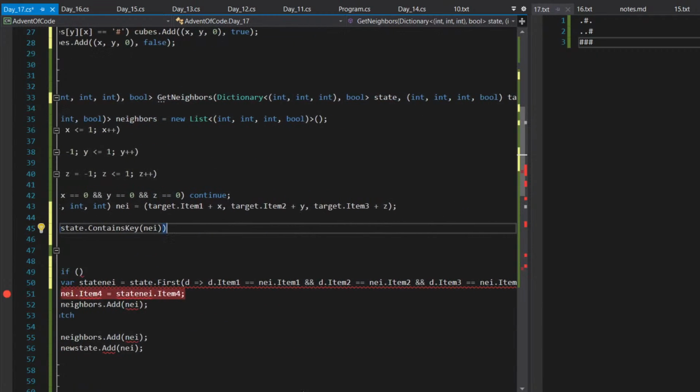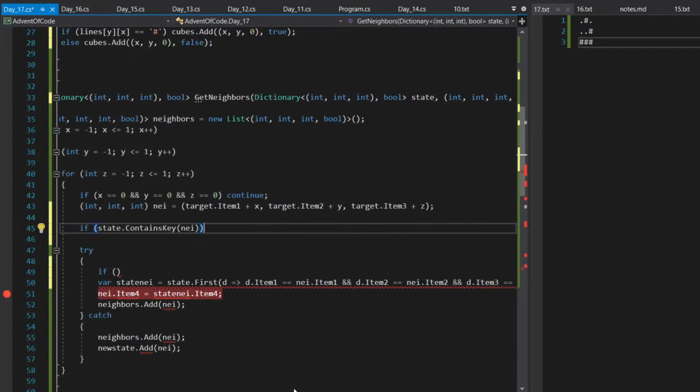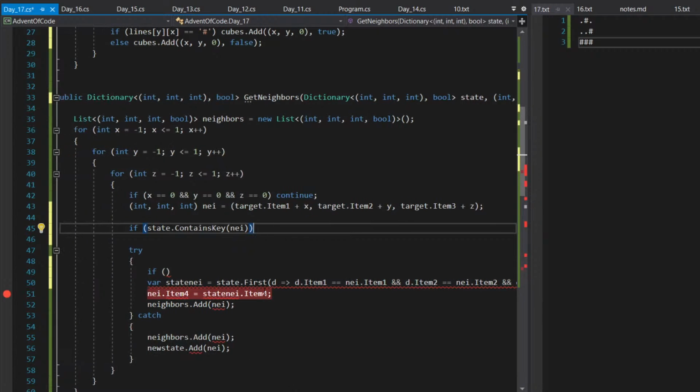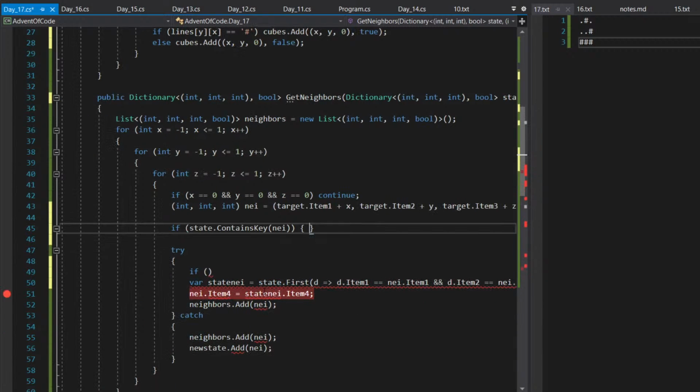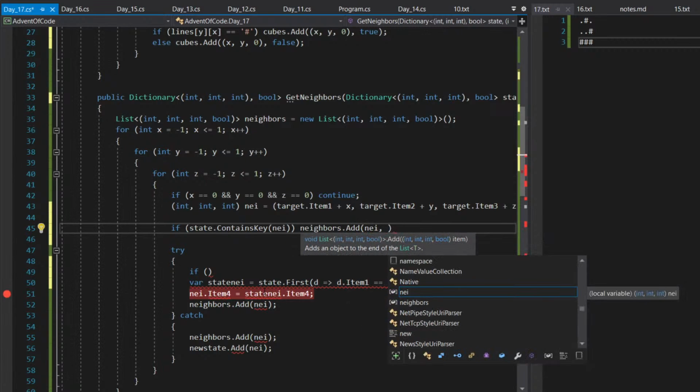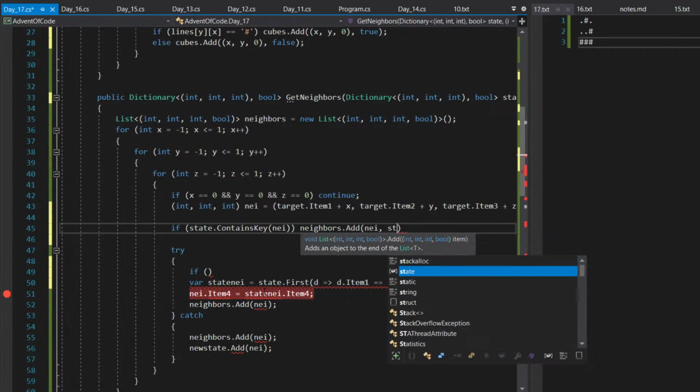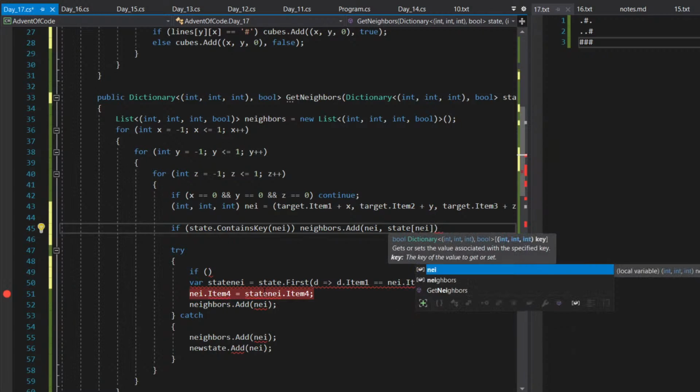then what do we want to do? Then we want to add neighbor, and then whatever the current value is.